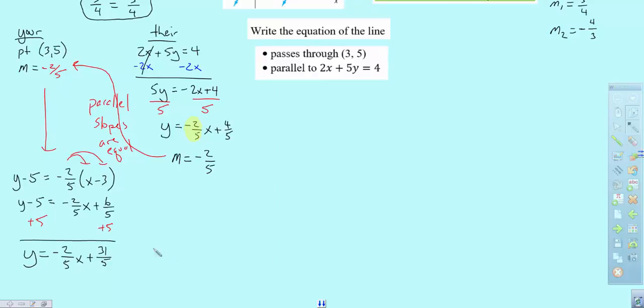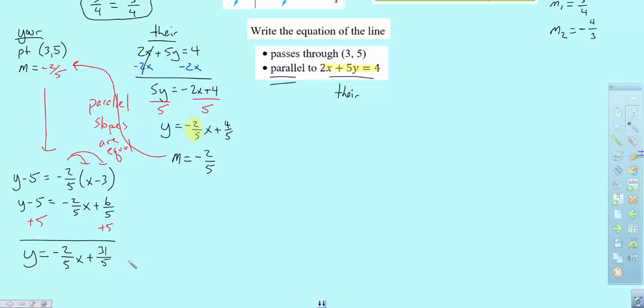So there's the equation of our line that is parallel to the line they gave us. This is their line, which allows us to find our line because they share this common characteristic of being parallel.